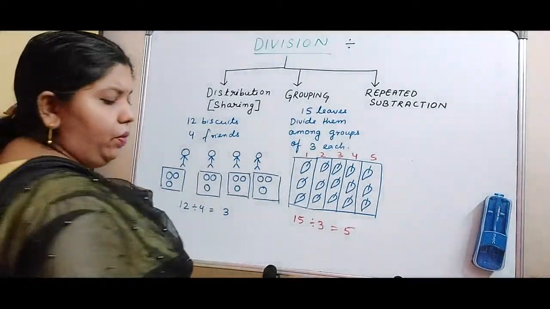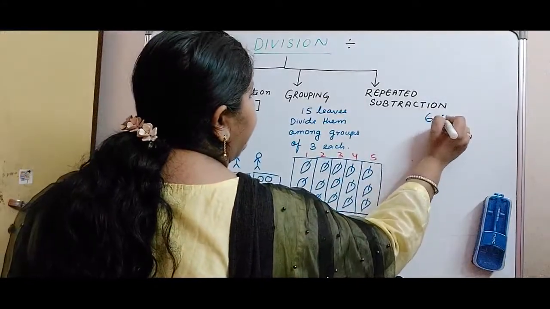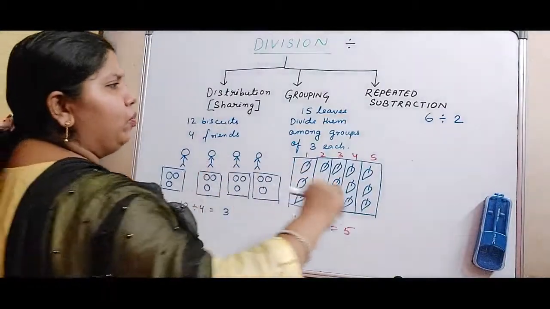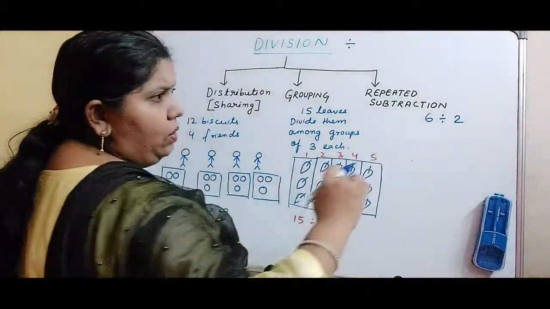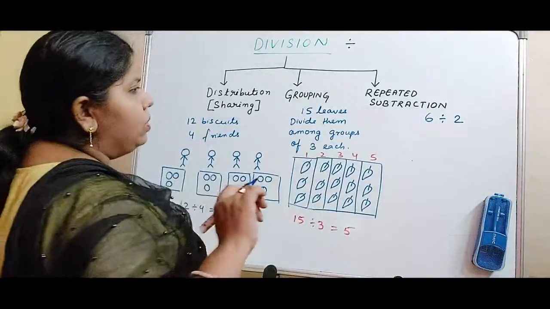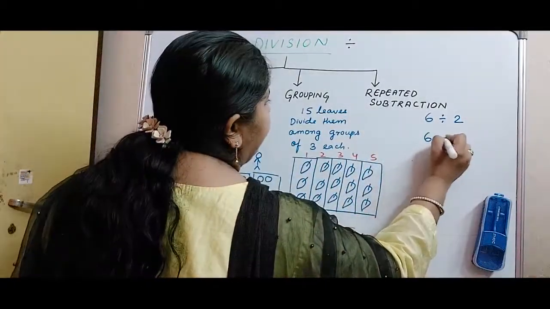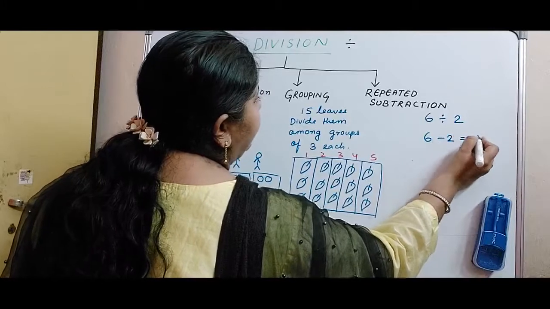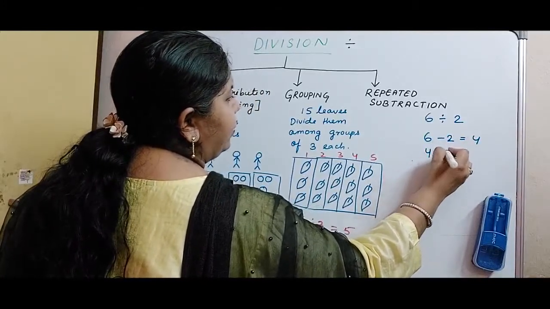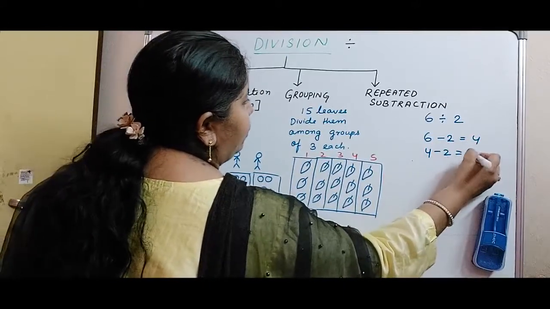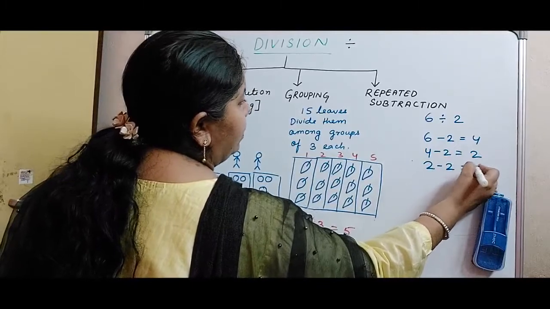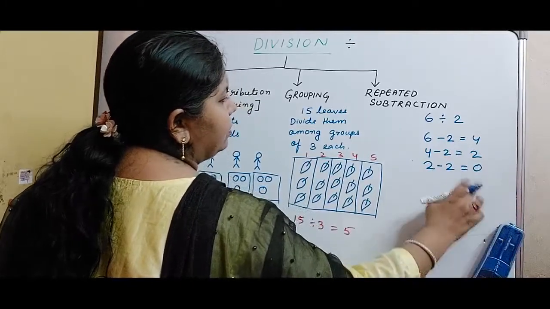Suppose you are doing 6 divided by 2, you are subtracting 2 each time until you get 0. So let us do 6 minus 2, which gives you 4. Again this 4 has to be reduced by 2, so you will get 2. Again this 2 is reduced by 2 and the final answer we got is 0.